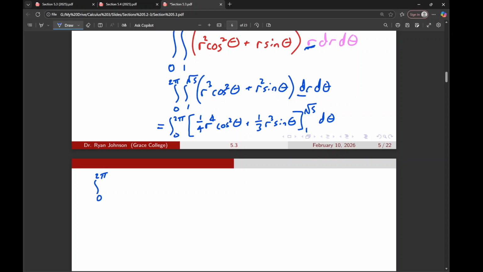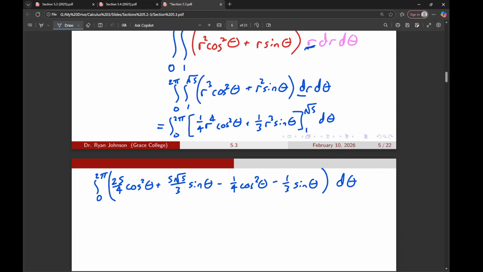Okay, so plugging in my square root of 5: square root of 5 to the 4th power is 5 squared, so 25 over 4 times cosine squared theta, plus square root of 5 cubed would be 5 square roots of 5 over 3 sine theta, minus plugging in 1: 1/4 cosine squared theta, and then minus 1/3 sine theta.